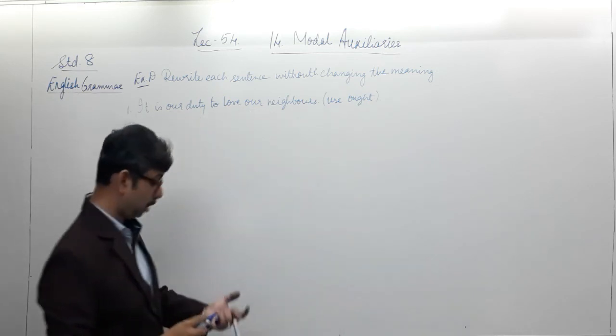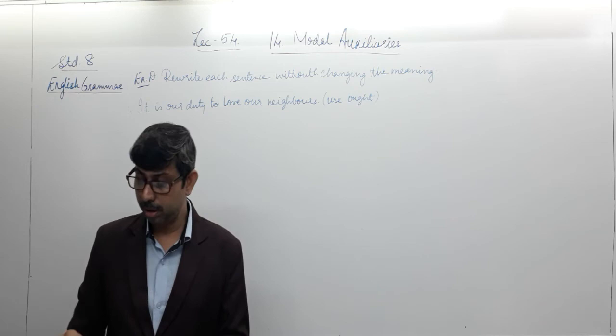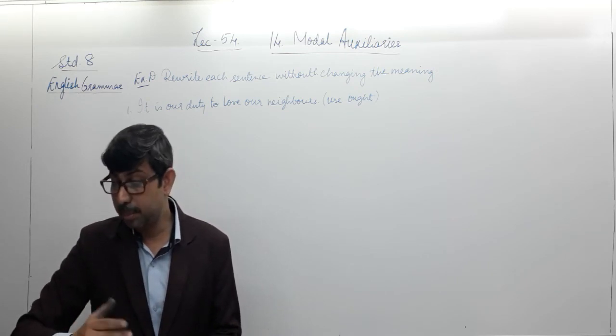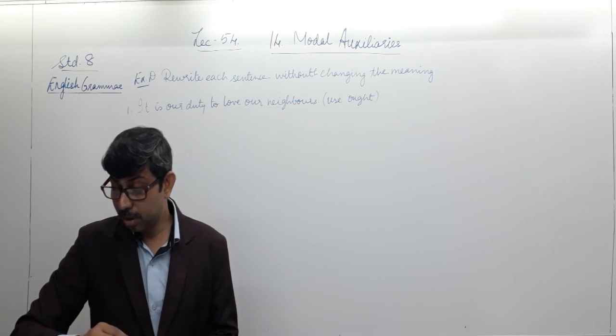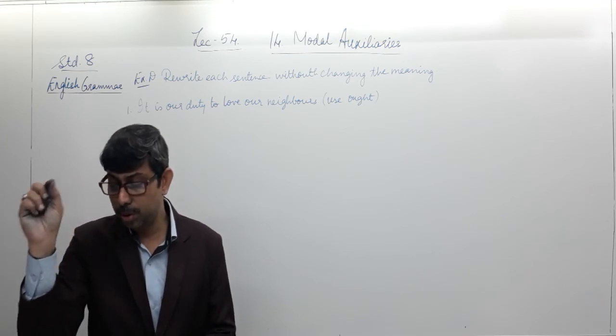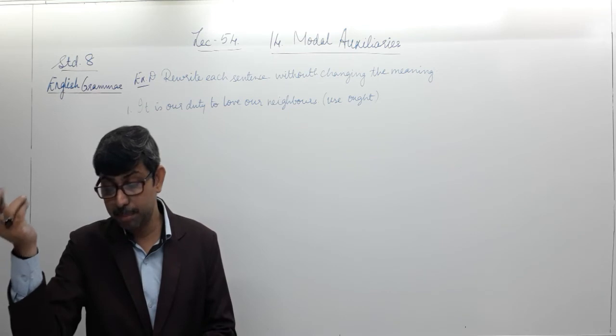Let's use the word ought and rewrite the sentence as given to us in the example. Have a careful look. It is our duty to love our neighbors. Well, we are replacing and writing, we ought to love our neighbors. Only the instruction was given to us that it is our duty to love our neighbors. So we'll have to modify the sentence as given in the example.